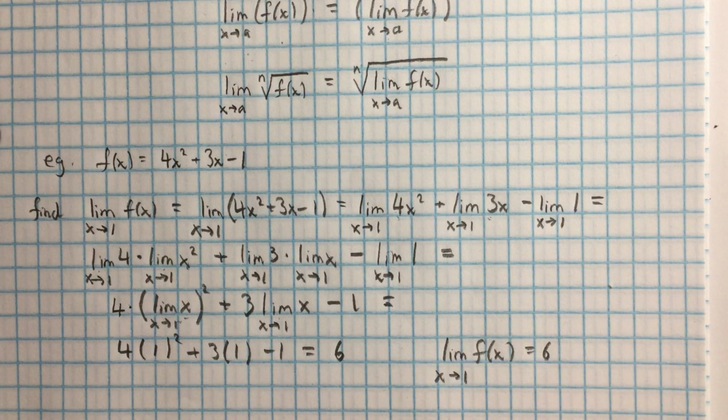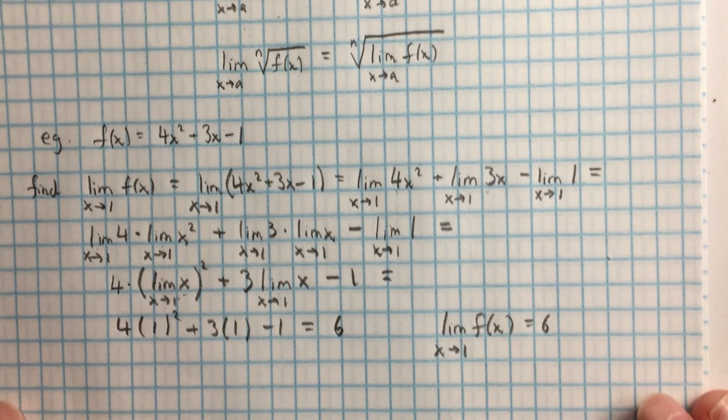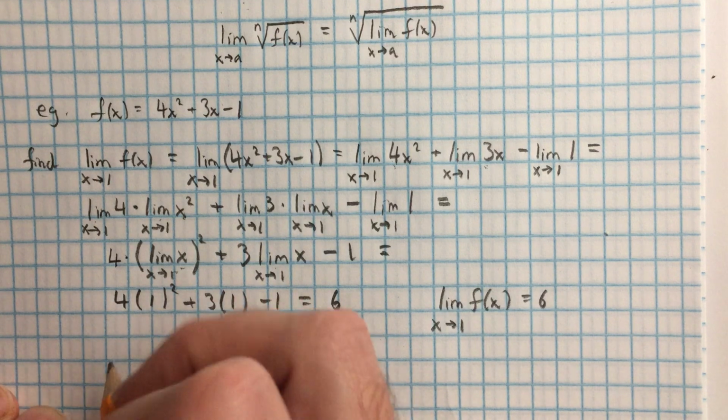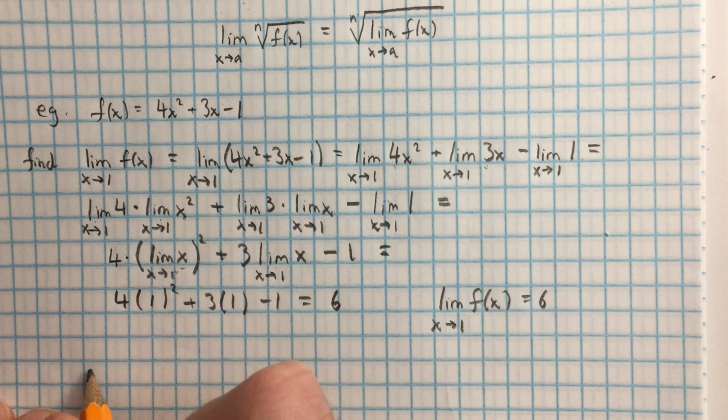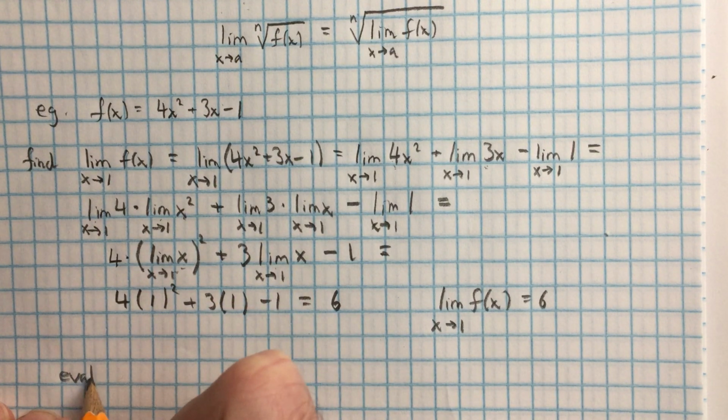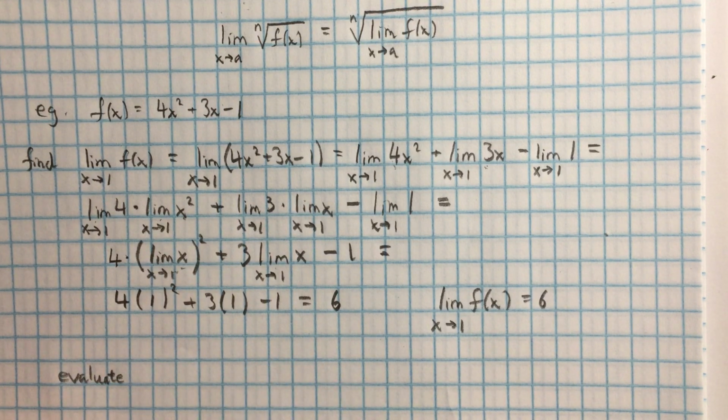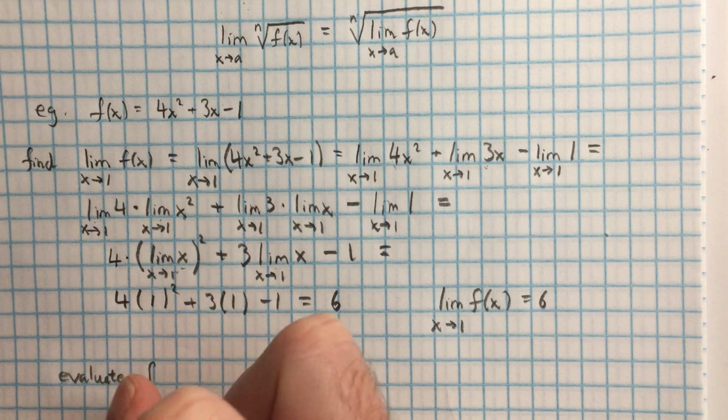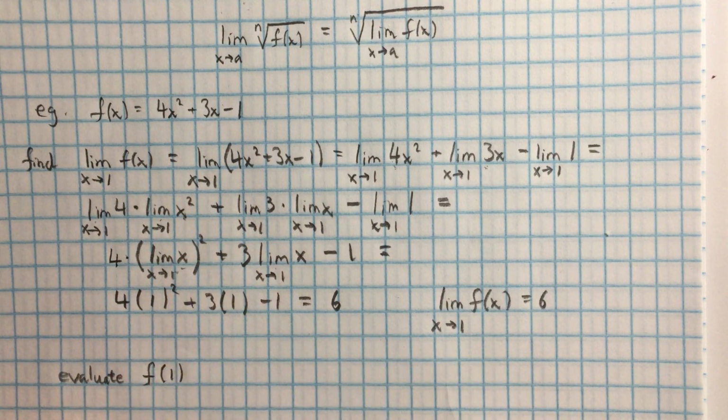Now, something more important going on here. Let us now look at what would have happened if we had just simply plugged in 1 for x in the first place. If we evaluated not a limit, but just the function value itself. Evaluate f of 1. What would we have gotten?